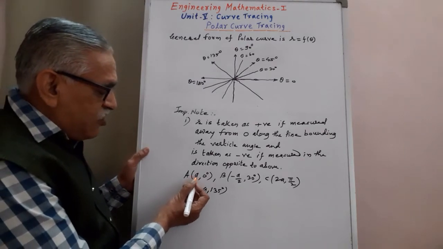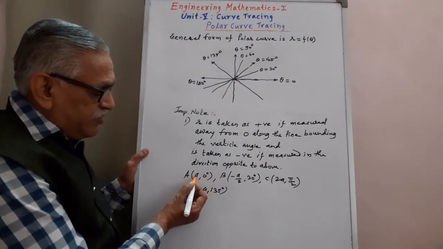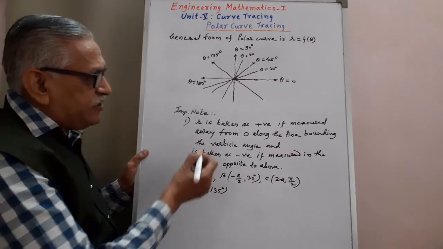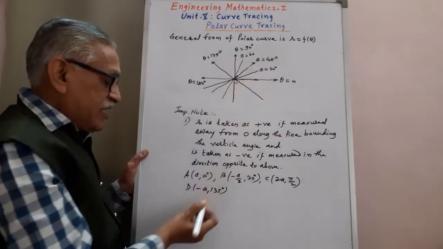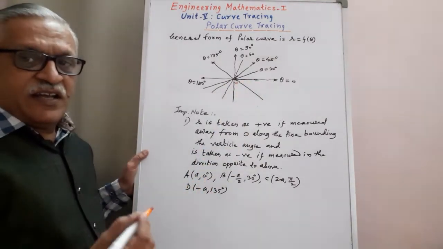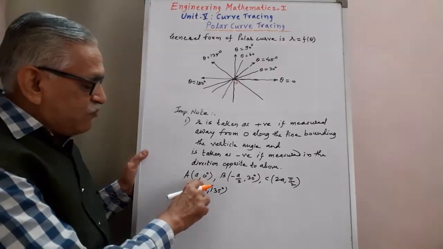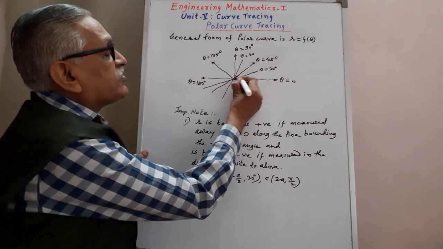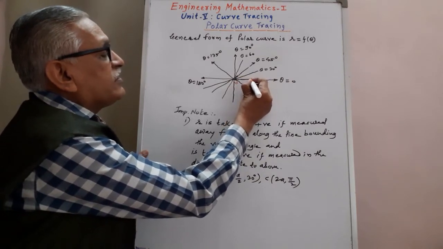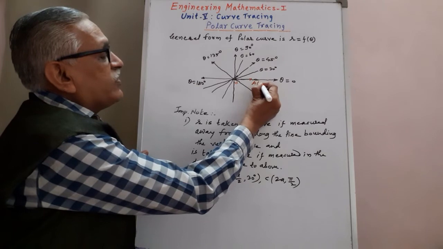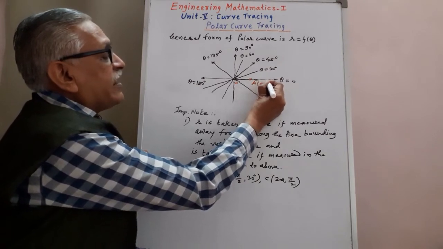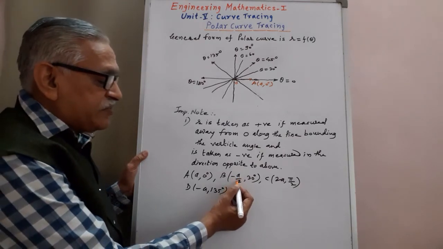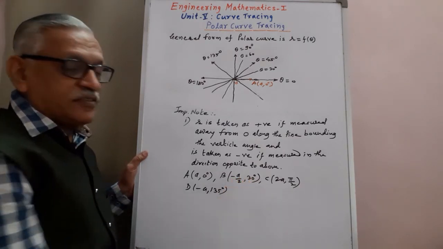Here A with the coordinates a, 0 degree means the radius vector length is a, that is the distance of the point from the point O, and the angle made is 0 degree. As the angle is 0 degree, the point lies on the line theta equals 0 degree at distance a. Therefore this is the point A. Then the second point, B, is minus a by 2 and the angle is 30 degree.